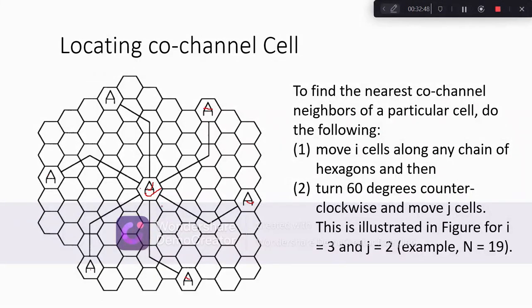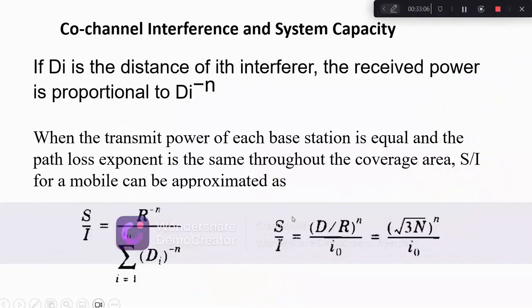The same story is for everyone, but obviously each one will have its own neighborhood like this, with some 6 interferences. So I hope you have understood this.